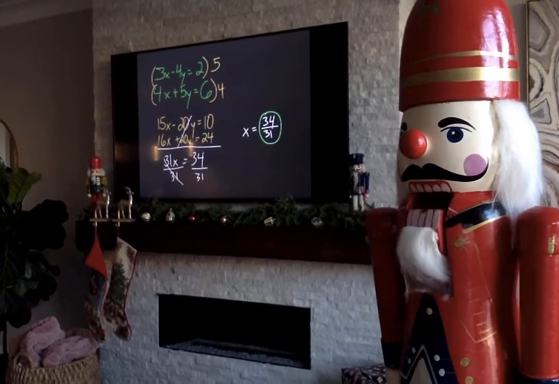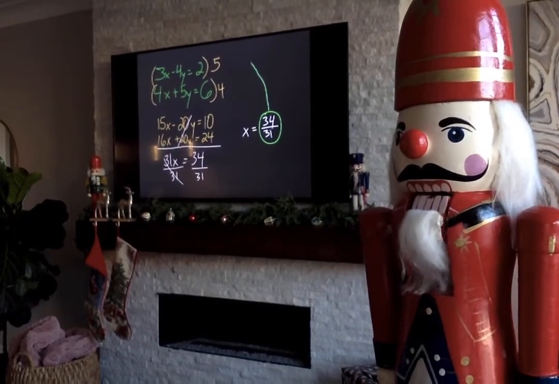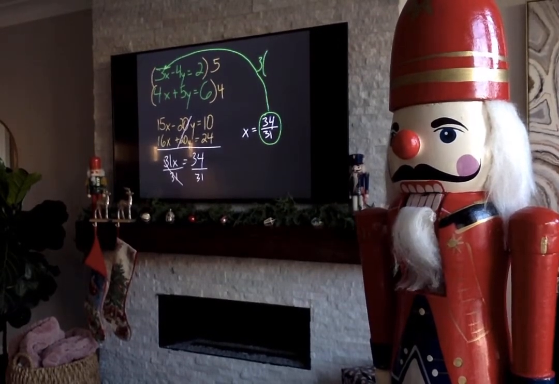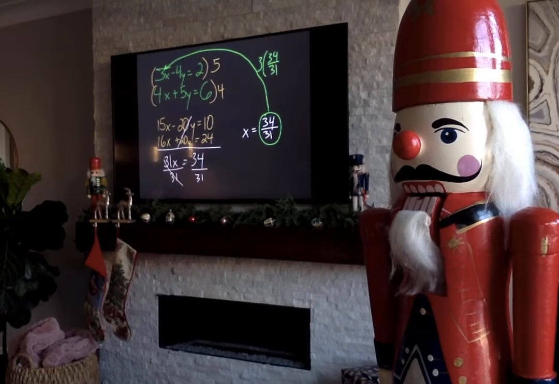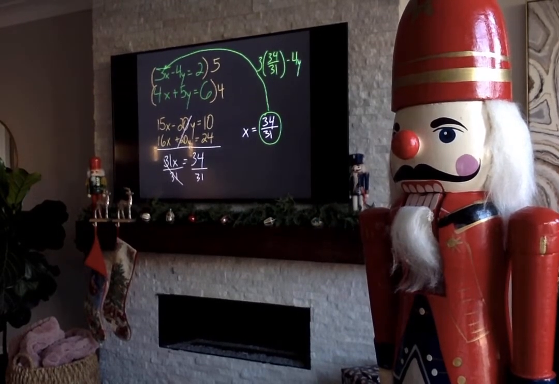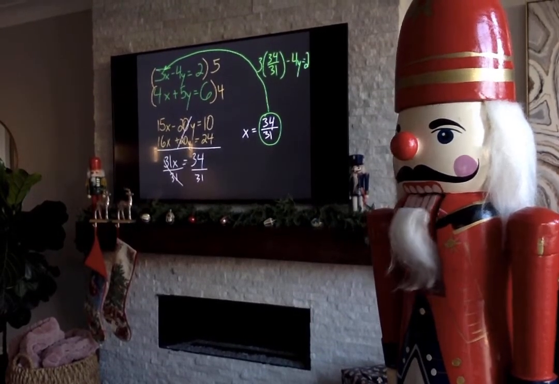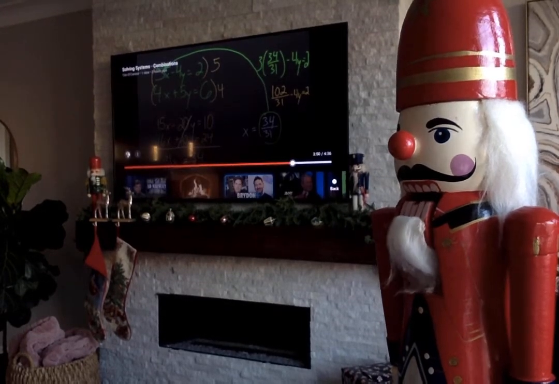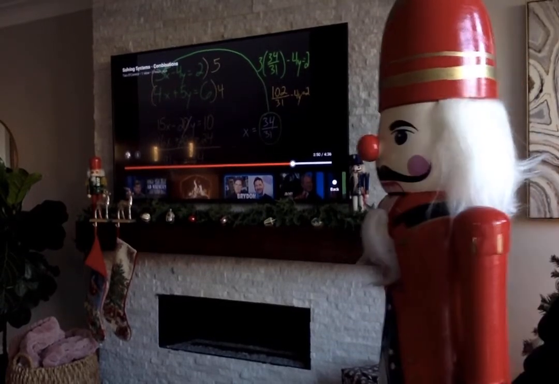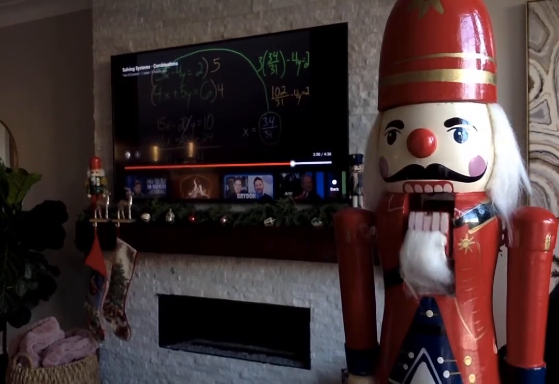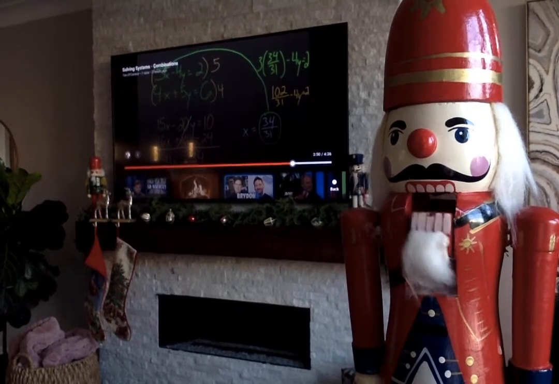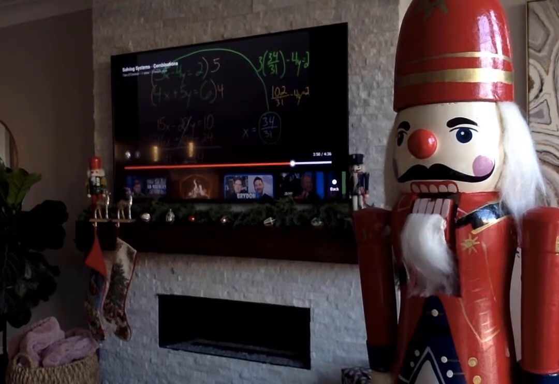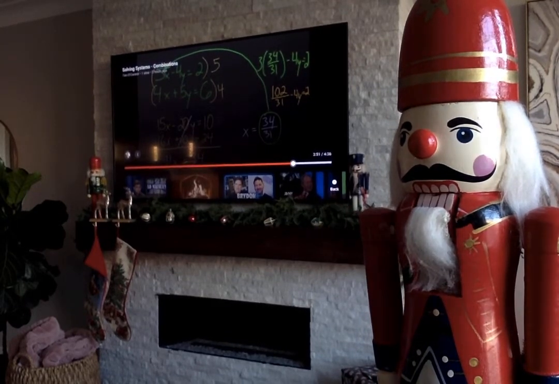So, plug it in, up there in the top, multiply by 3, so 3 times 34/31, don't forget the minus 4y equals 2. And when I multiplied, you can see there in yellow that it's 102/31. Minus 4y equals 2.